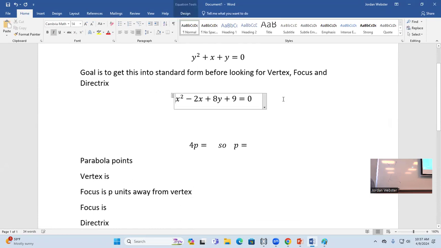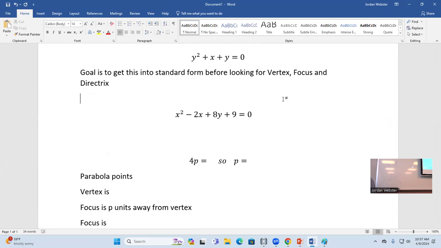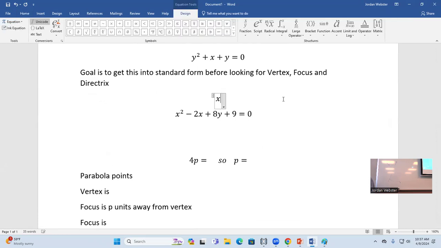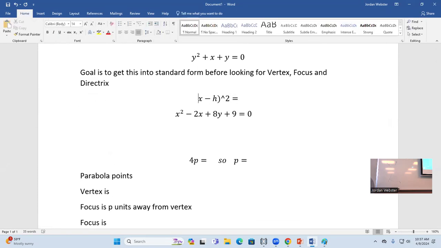The x is being squared. So the standard form that I'm looking for is (x minus h) squared is equal to 4p times (y minus k).